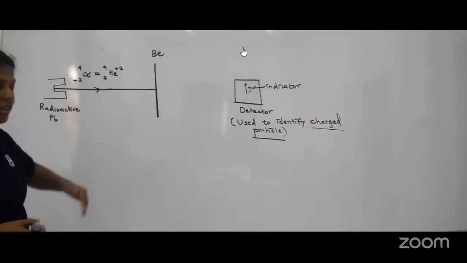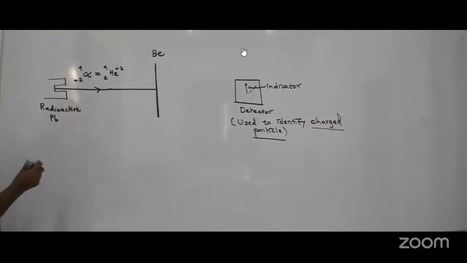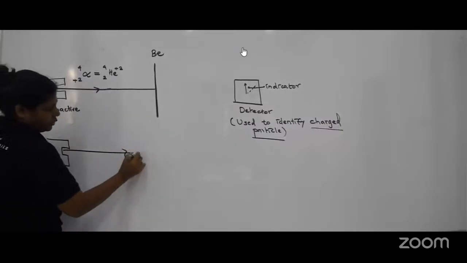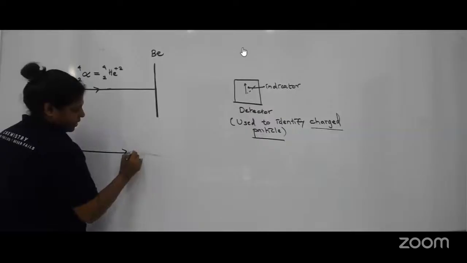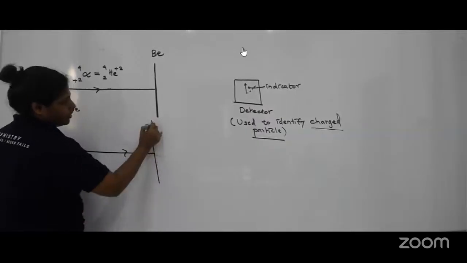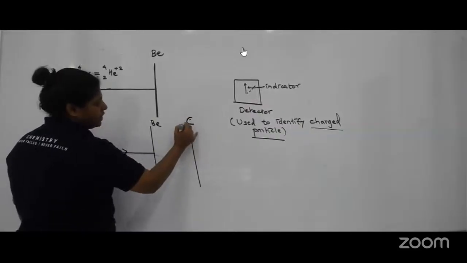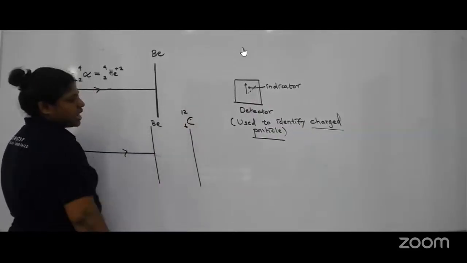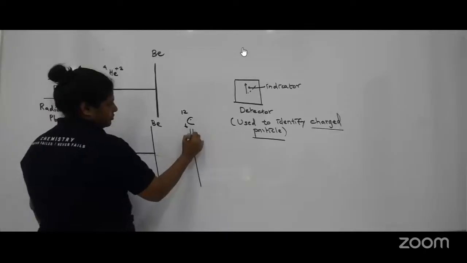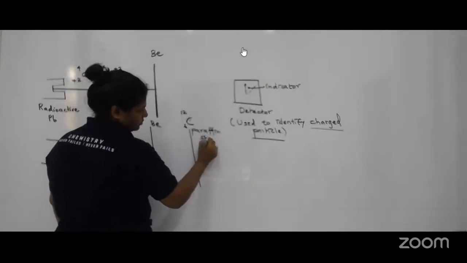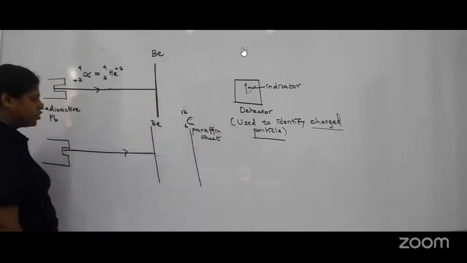Then we continue this experiment with another sheet called paraffin sheet. So this is the beryllium sheet. After the beryllium sheet, he kept a paraffin sheet. Paraffin means carbon-612 isotope.